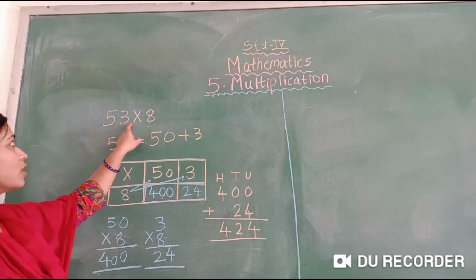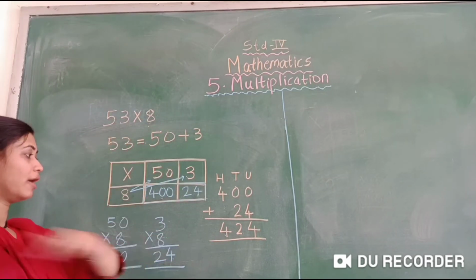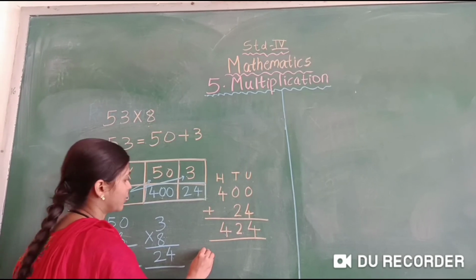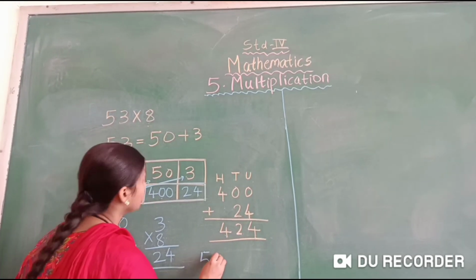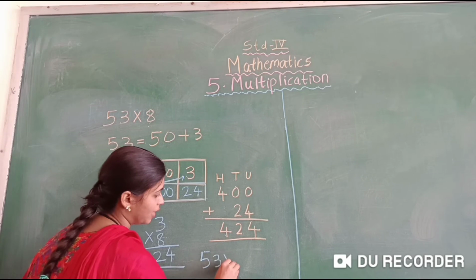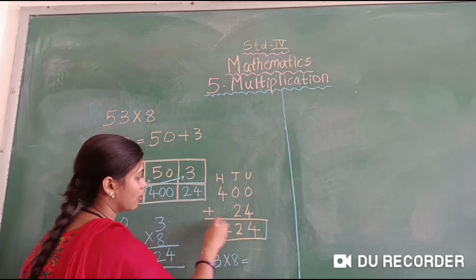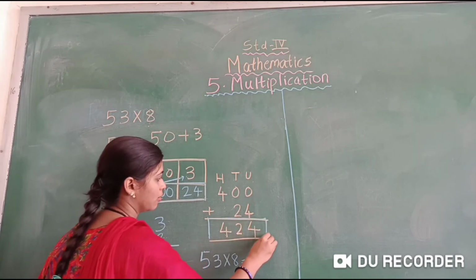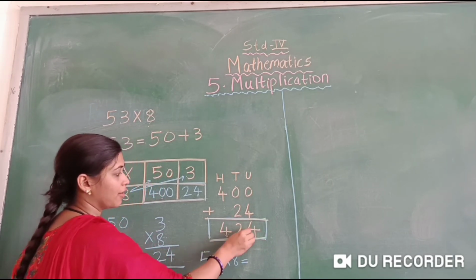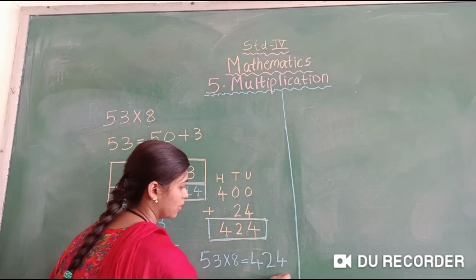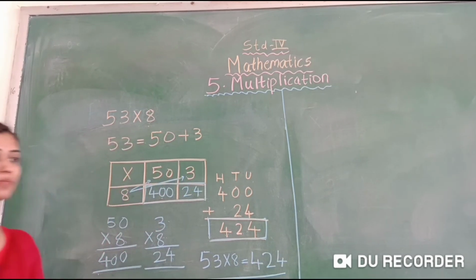Therefore, 53 multiplied by 8 is 424. The final answer we will write here. 53 multiplied by 8, what is the answer we have got here? 424. This is our final answer.